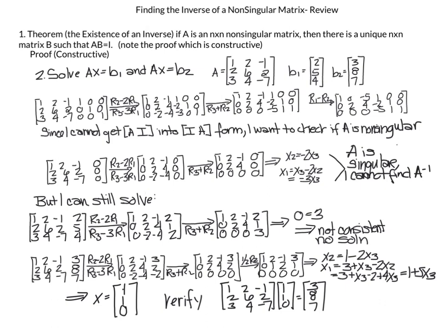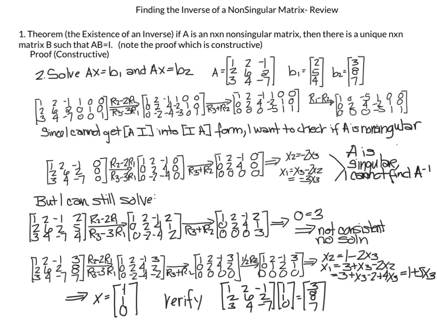So here, I went ahead and put in B1, and I see that this is an inconsistent system. So in this case, AX equals B1 cannot be solved, right? And that goes along with the fact that if A is singular, there are going to be some B's that it can't be solved for. But here I put in B2, and you can see I can get a solution, 1, 1, 0, and you can verify that.